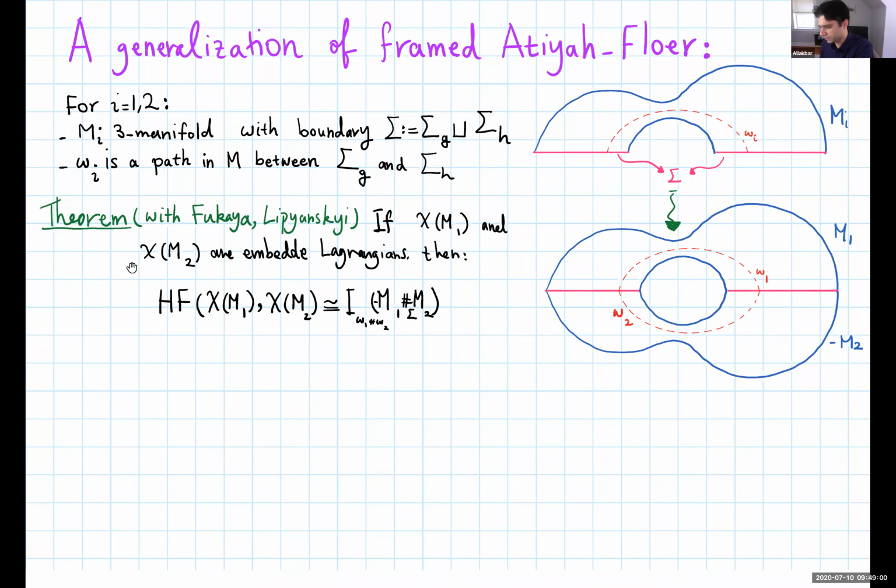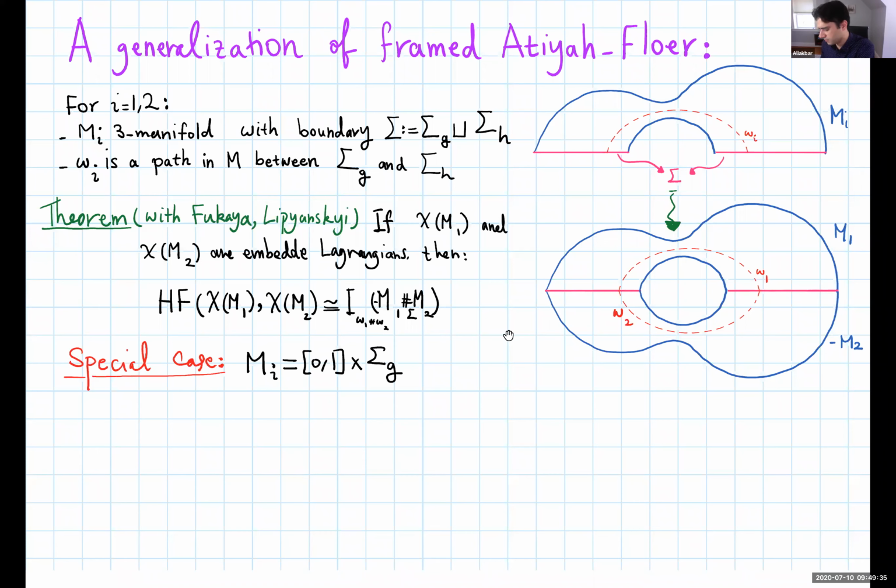And this variation, the generalization of the theorem that I mentioned before, says that if you take the Lagrangian Floer homology of these two Lagrangians as Lagrangians inside chi of sigma g times chi of sigma h, then it's going to be isomorphic to some version of instanton Floer homology, which is associated to these three manifolds, the connected sum of M1 and M2 along their common boundaries, with some choice of H2 class, which is coming from this.